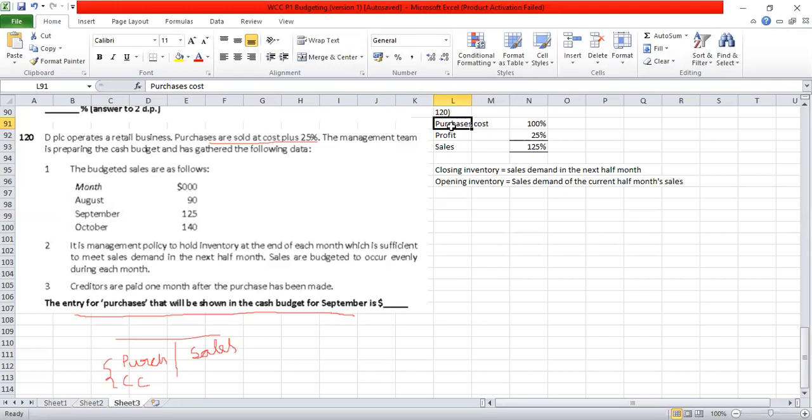Okay. So find out what the purchase cost is for each of these months. Start with August, then September, then we have October.